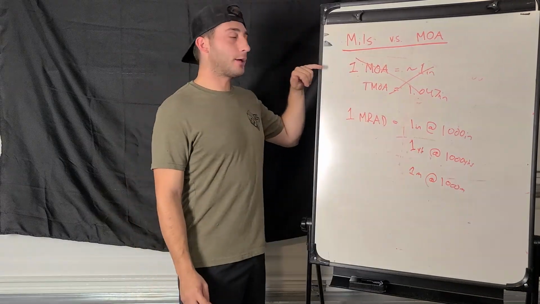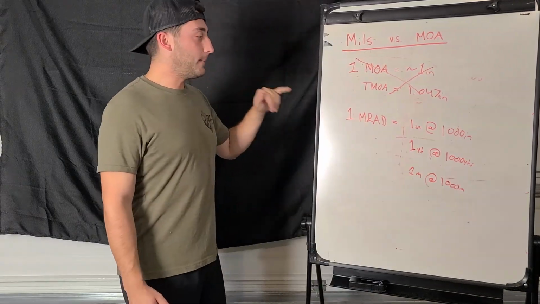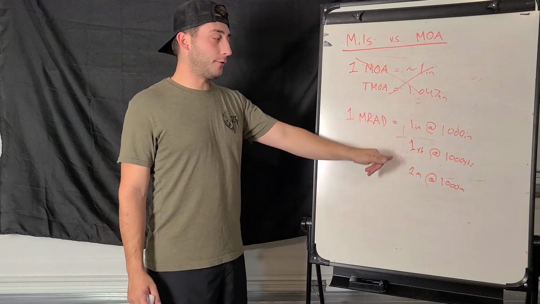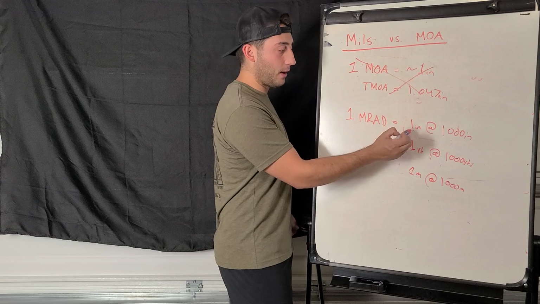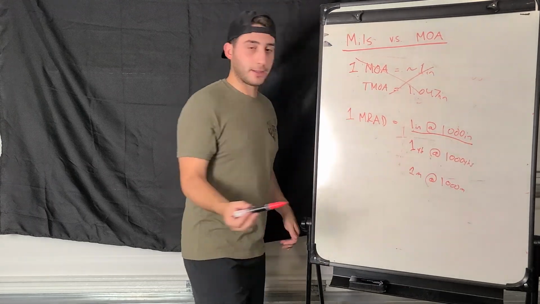So MOA only converts well to inches. MILs convert well to every single unit of measure because it's just a 1,000th of the distance that you're shooting at.